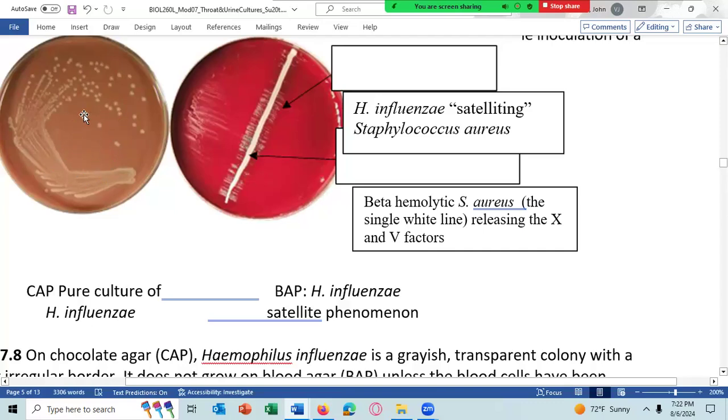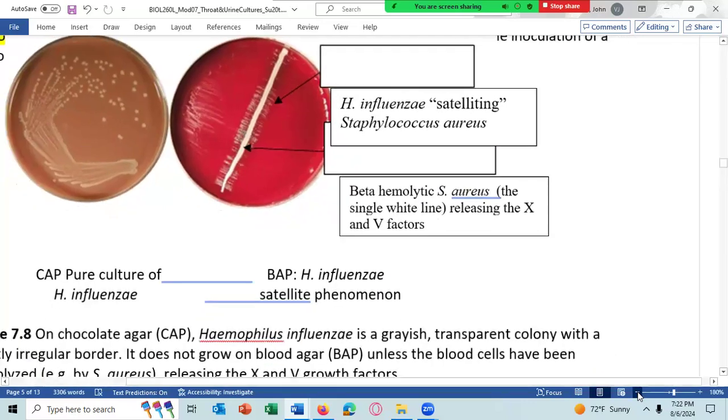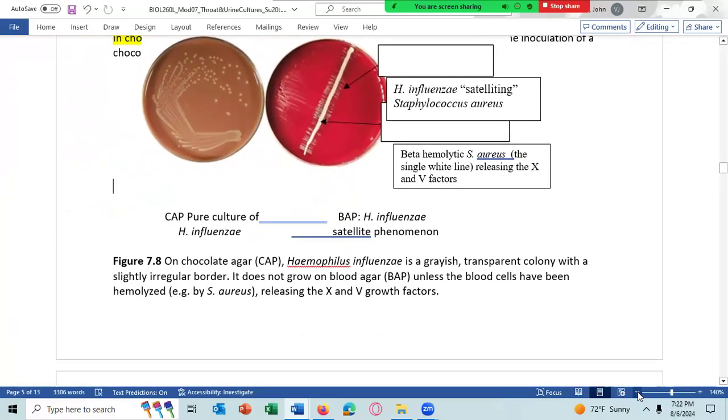They actually added blood at a very high temperature, which simply lysed the blood. When you lyse the blood, then the ingredients that Haemophilus influenzae requires are present, and it can grow on chocolate agar. Any question about any of that?